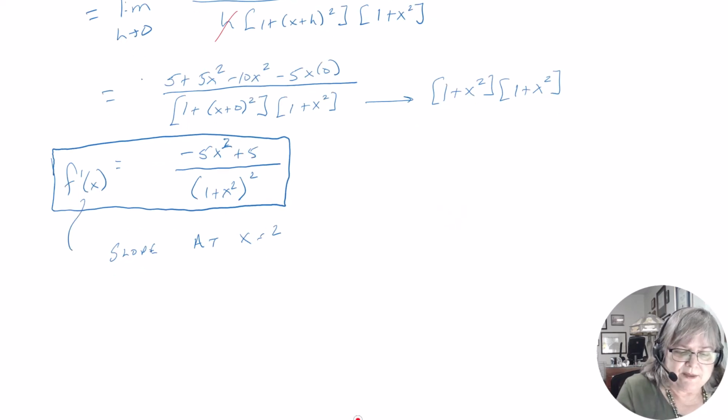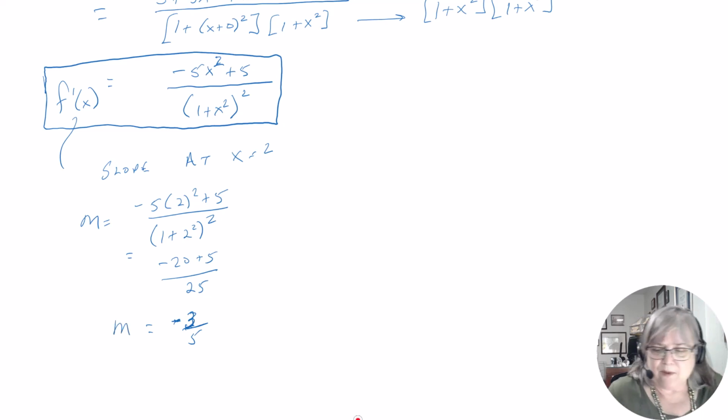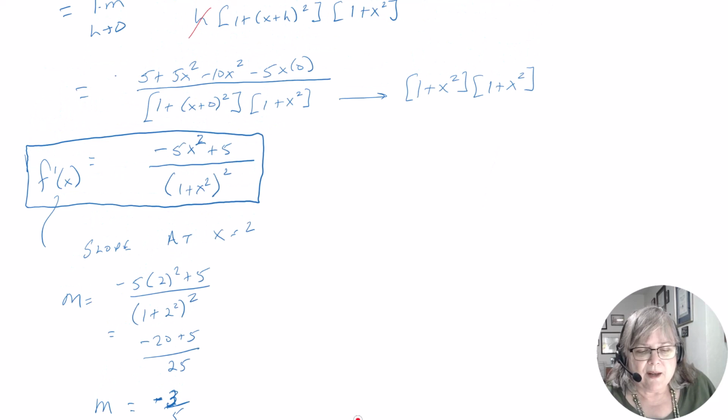So remember this is the slope at a point, so you'd have minus 5 times 2 squared plus 5 over 1 plus 2 squared squared. So you'd have minus 20 plus 5 over 5 squared, which is 25. So this turns out to be minus 3/5. So even without graphing it, I can come up with a slope. We haven't talked about tangents yet, but we will. And so that helps me get started.